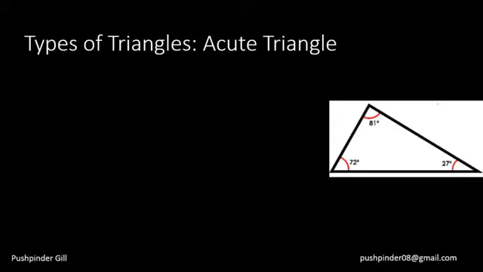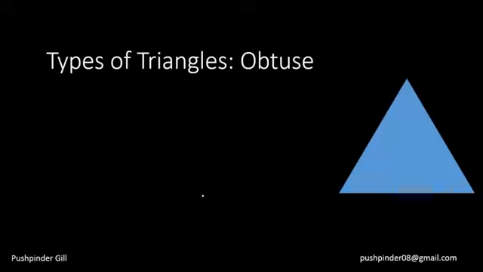The first type of triangle is called acute triangle. Acute triangles are the triangles in which all angles are less than 90 degrees. Those triangles are called acute triangles. Now the other type of triangle is obtuse triangle.